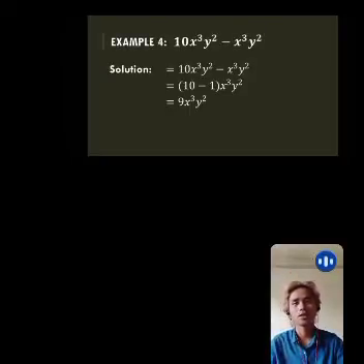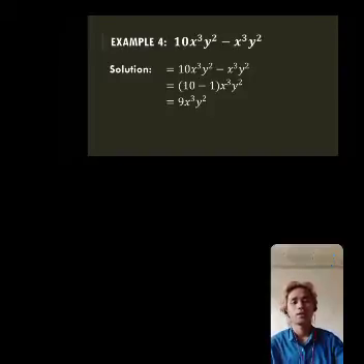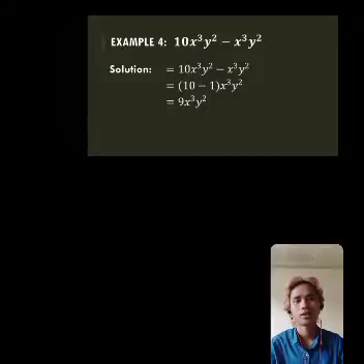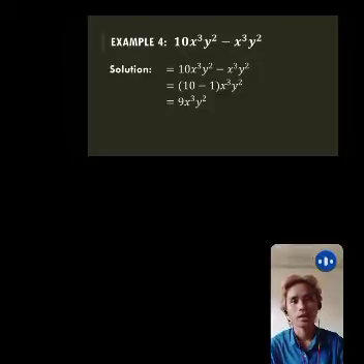So the fourth example would be 10x cubed y squared minus x cubed y squared. Again, you need to combine like terms. That would be 10. Also, there will be a 1 there on the second term.